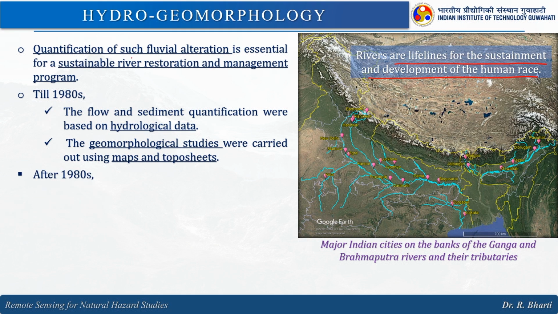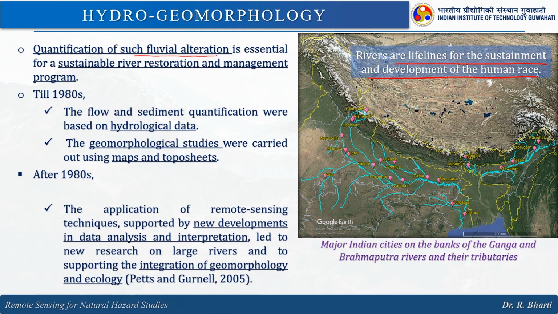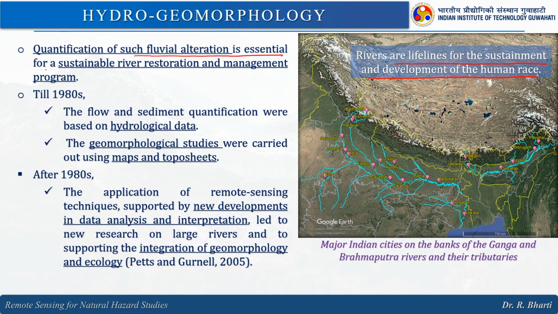So, the quantification of such fluvial alteration is essential for a sustainable river restoration and management program, because we need to quantify, and only then will you be able to utilize this information in the river restoration and management program if required for a particular area, for a particular fluvial system.